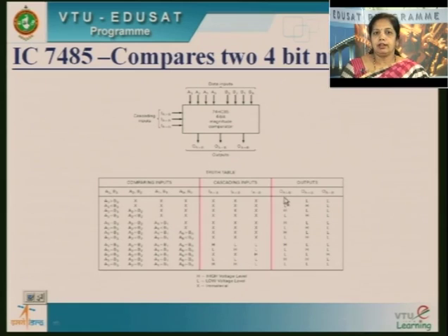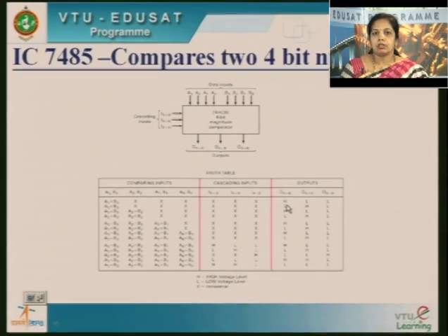You can see for greater than, H, L, L. H represents logic 1, L represents logic 0. If my MSB is greater than the corresponding bit, definitely my output will be greater. That is how we check each bit, and the output has been marked over here for greater than, equality and less than.